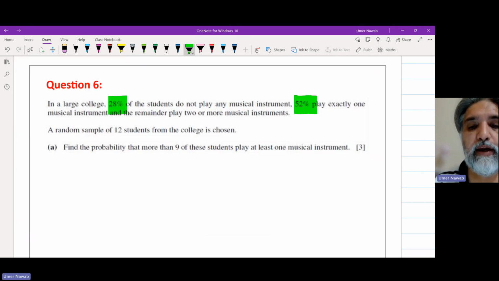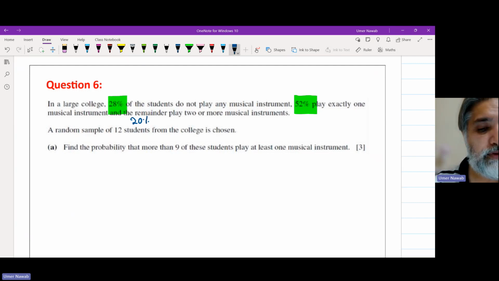And the remainder play 2 or more musical instruments. Clear? Can I just try to find it? 100 minus 28 minus 52. So 20%. So 20% play 2 or more musical instruments.